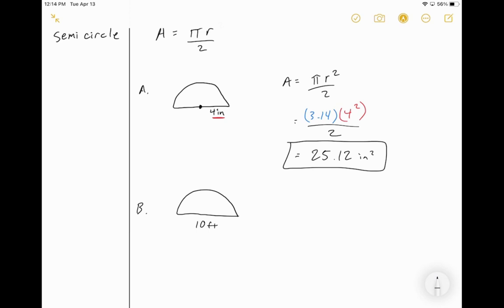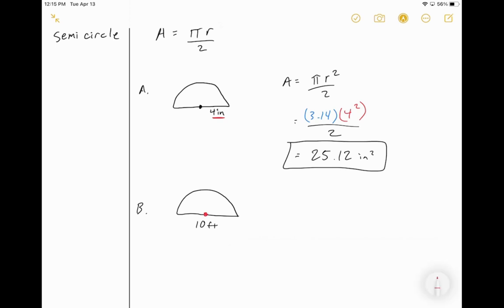Ooh, not quite. Make sure you guys are okay. So I'm seeing a bunch of people put 157. My guess is we either didn't find the radius or we didn't divide by 2. So try that again. I'll give you a little hint here. I made this one a little bit tricky.